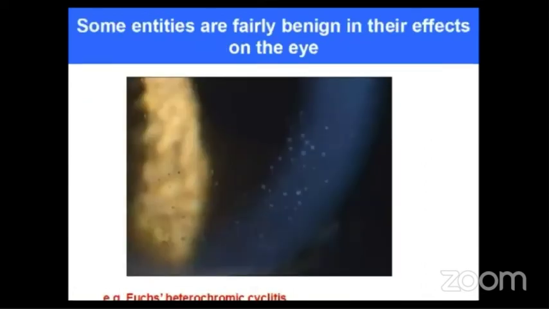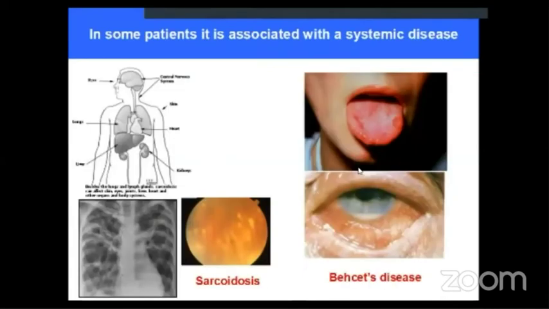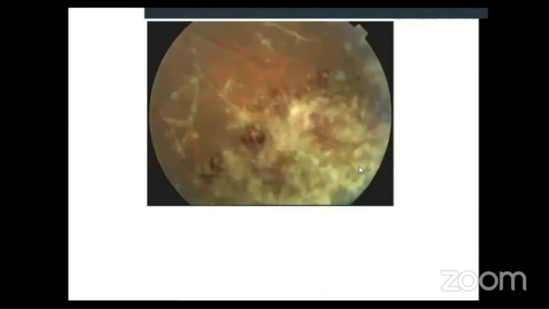Some of these diseases are fairly benign in their effect on the eye, and some are visually devastating, like Behçet's disease. Some of these affect multiple systems, leading to their failures over the course of disease. And some of these diseases can affect only the eye, like pars planitis or sympathetic ophthalmia.